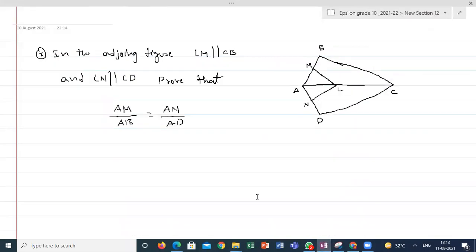Anyone completed the question? Guys, anyone done the question? Students, please. Anyone? Will you be able to hear what I am asking?